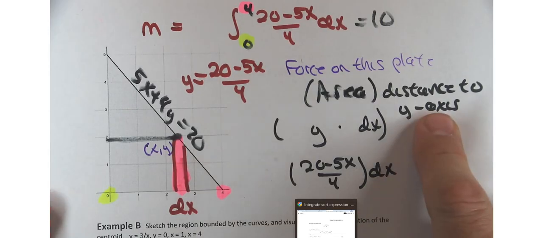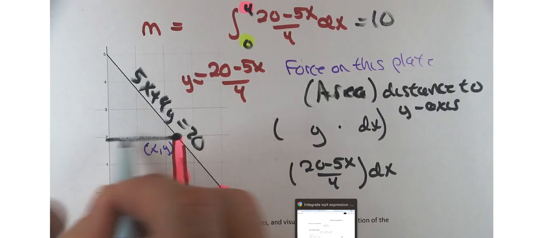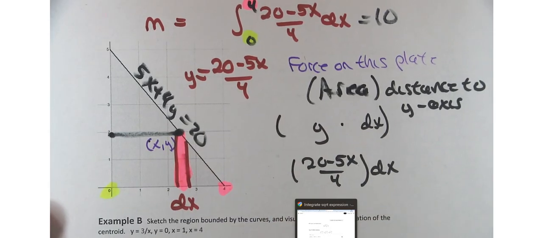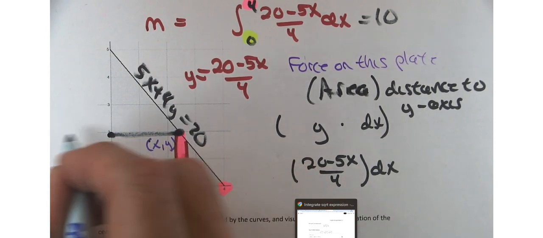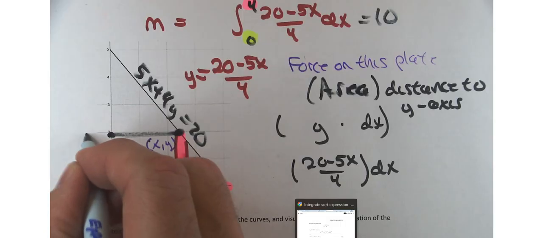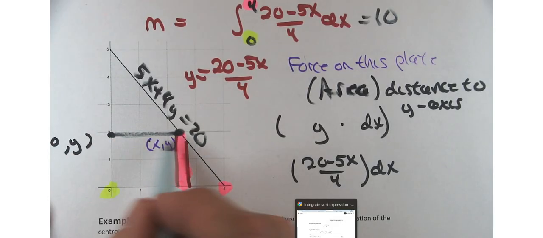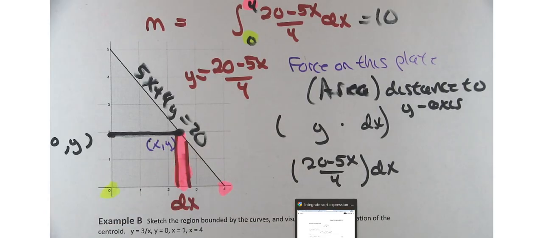The last thing I need is the distance from here, from my slice, to the y-axis. So if this point has coordinates of x and y, what does this point have coordinates of? 0 and y. So what's that leave us with for this distance?